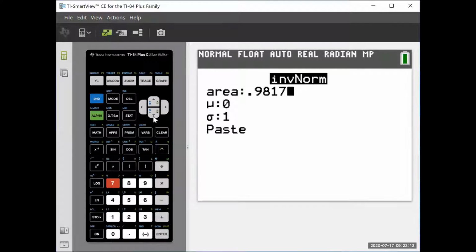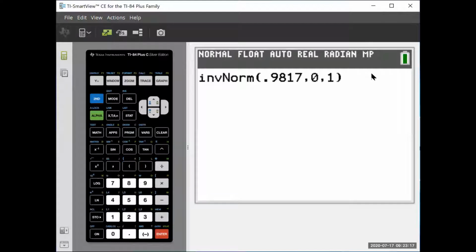Then the mean is 0, standard deviation is 1. After you paste that in the main screen, just like our writing, hit enter. You will get the value of z: 2.0902. That's your z-score.